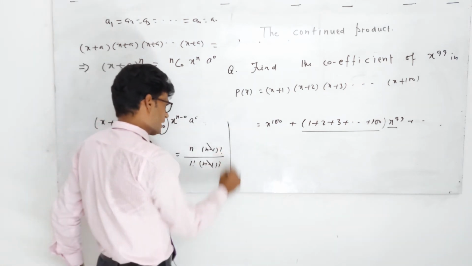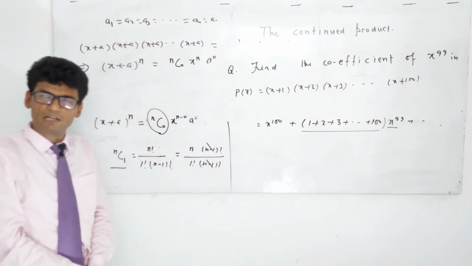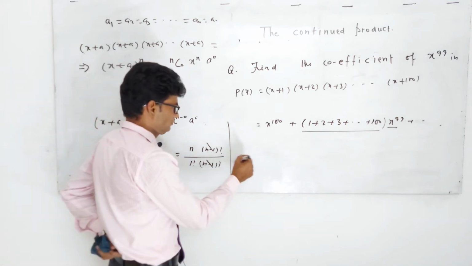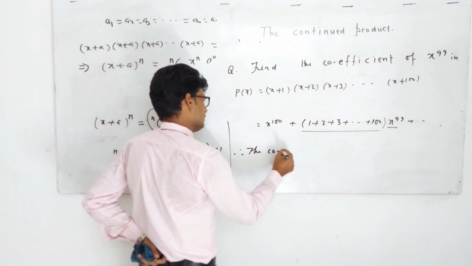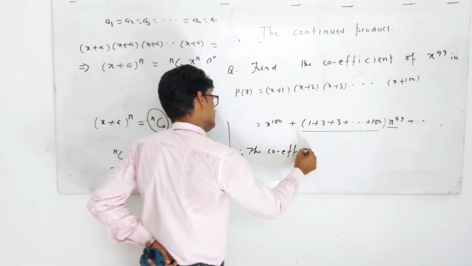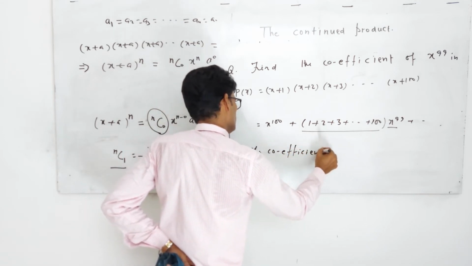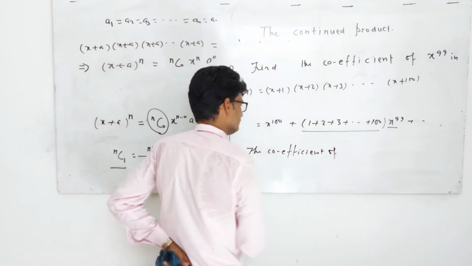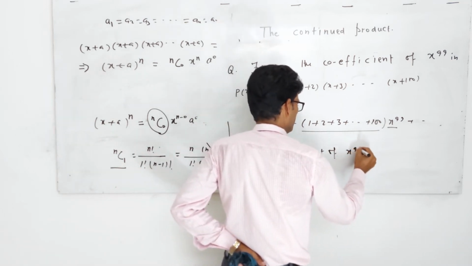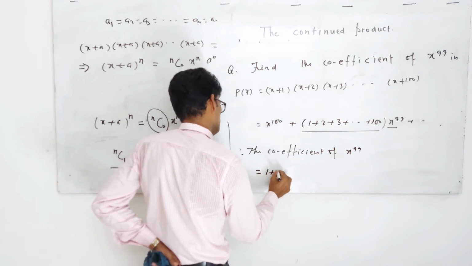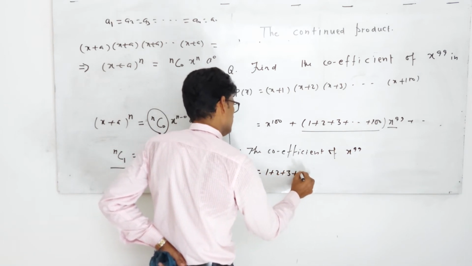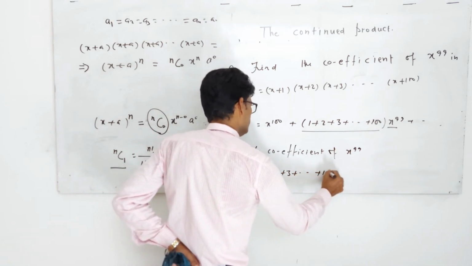So we arrived on our answer. Therefore, the coefficient of x to the power of 99 is equal to 1 plus 2 plus 3 dot dot dot plus 100.